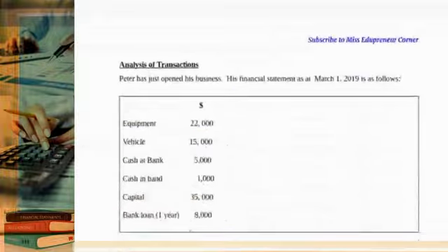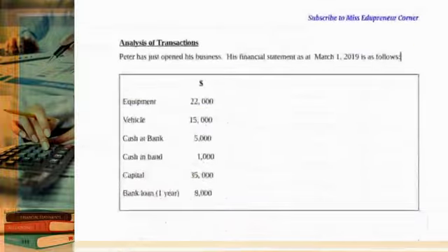So now we're going to analyze this transaction. It reads, Peter has just opened his business. His financial statement as at March 1, 2019 is as follows. Equipment, $22,000, vehicle, $15,000, cash at bank, $5,000, cash in hand, $1,000, capital, $35,000, and bank loan, which is repayable in 1 year, $8,000.